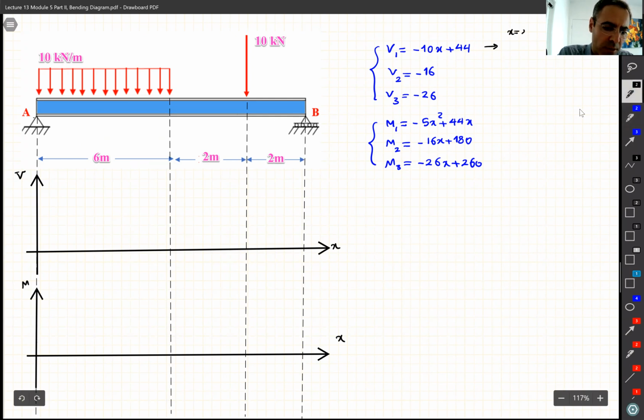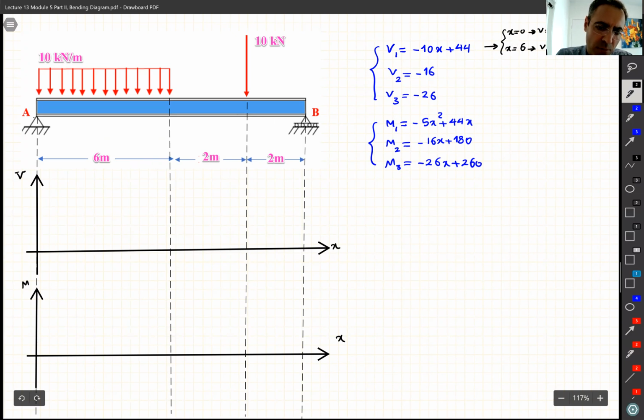X equal to 0 gives me V1 of 44, and X equal to the boundary 6 gives me 16. So I just put 2 points, x equals 0 and x equals 6 for this boundary.